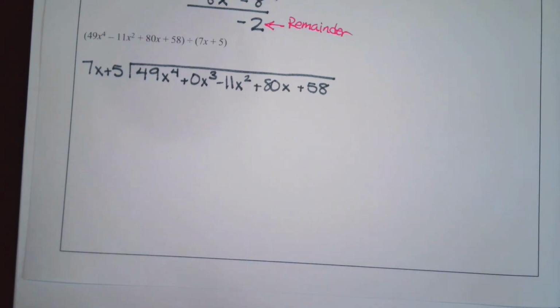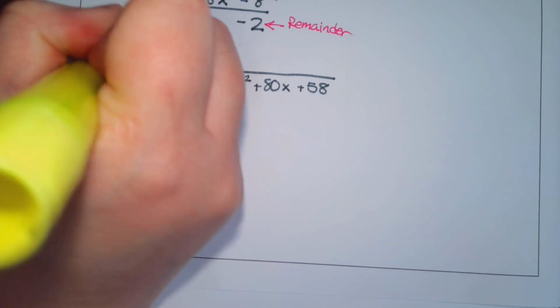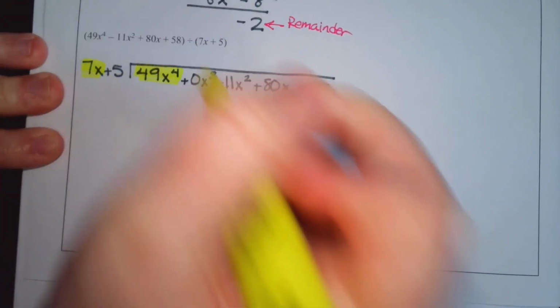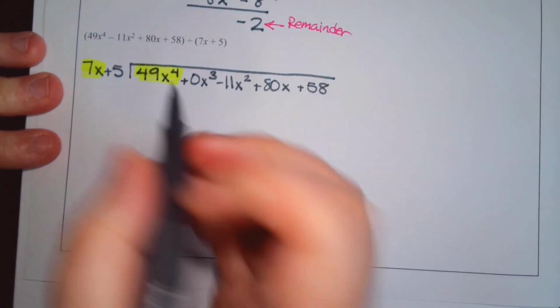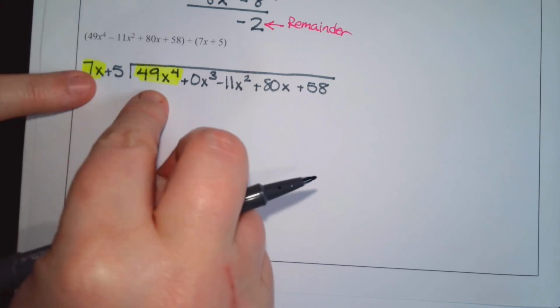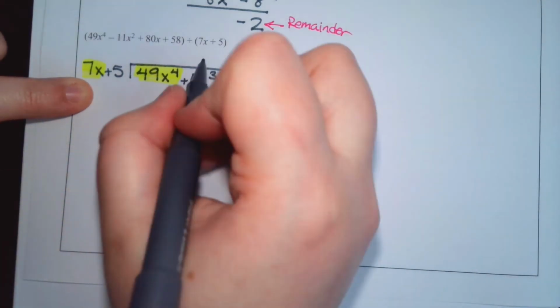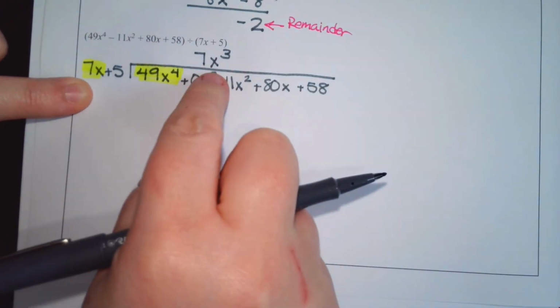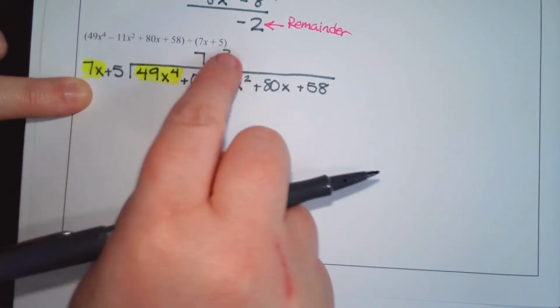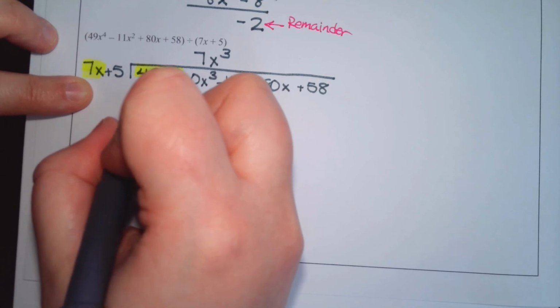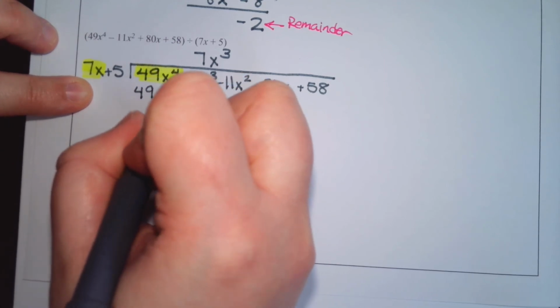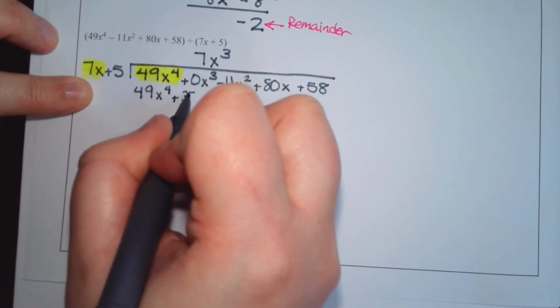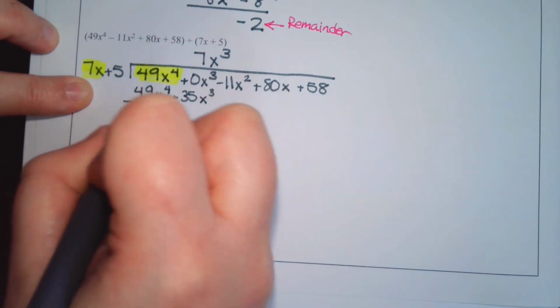All right, so our first term, 7x and 49x to the fourth. So 49x to the fourth divided by 7x is going to be 7x to the third. And now we multiply. So this is 49x to the fourth plus 35x cubed.